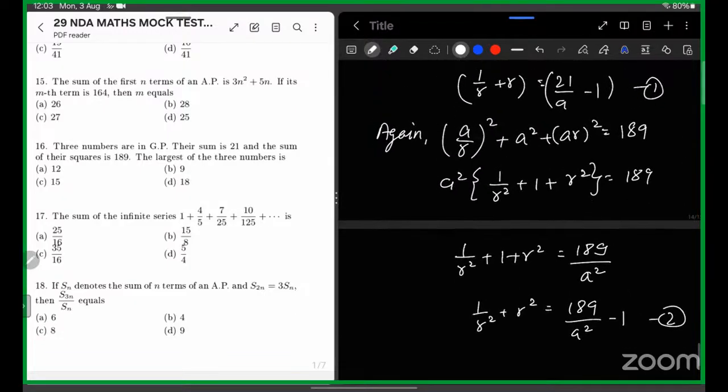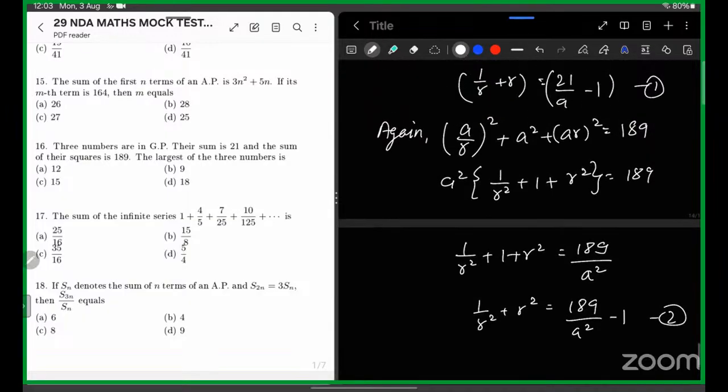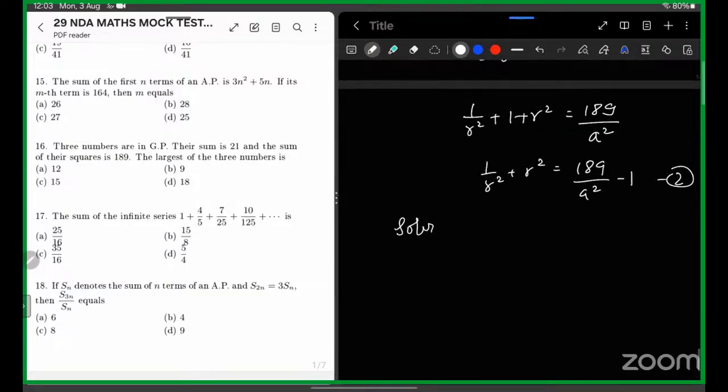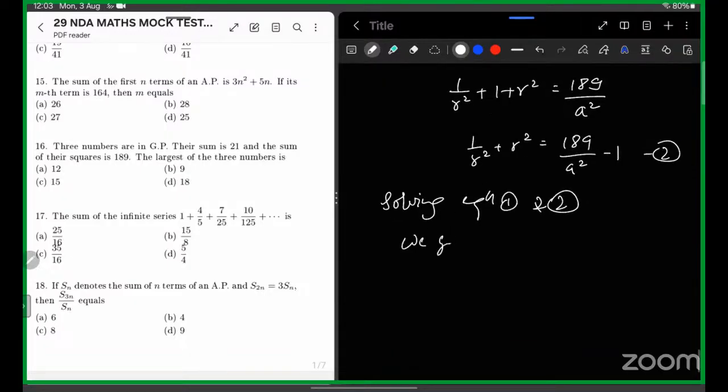Now solving first and second. For that you need to square the above terms. Solving equation number 1 and 2, we get a is equal to 6 and r equal to 2 or 1 by 2.